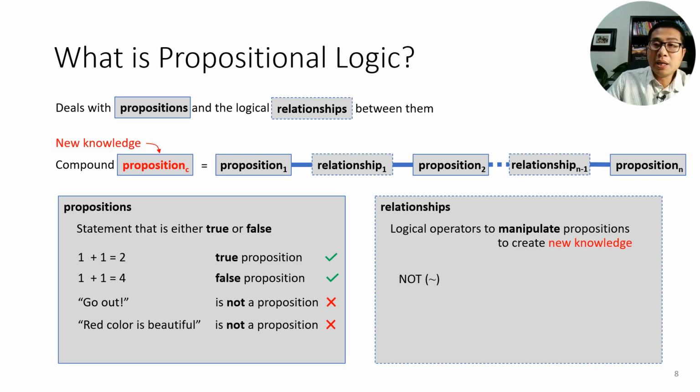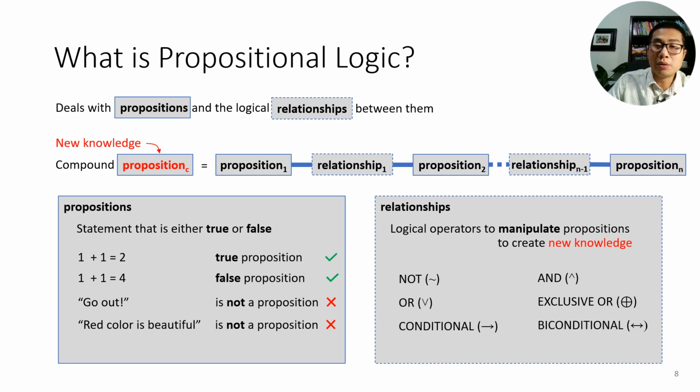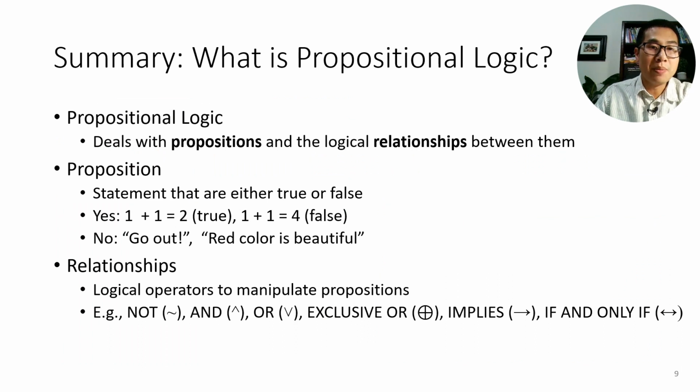There are many operators, but the main ones include the not operator, the and operator, the or operator, the exclusive or operator, the conditional operator, and the biconditional operator. In this lecture, we won't cover all of them. This is a summary of the points we covered so far, if you would like to read them in one slide.